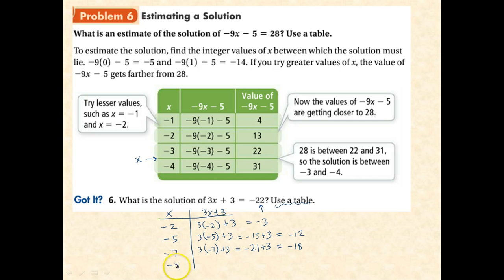How about negative 8? 3 times negative 8 plus 3 is negative 24 plus 3, and that is negative 21. Oh, that's super close. Negative 9. 3 times negative 9 plus 3 is negative 27 plus 3. That's negative 24.